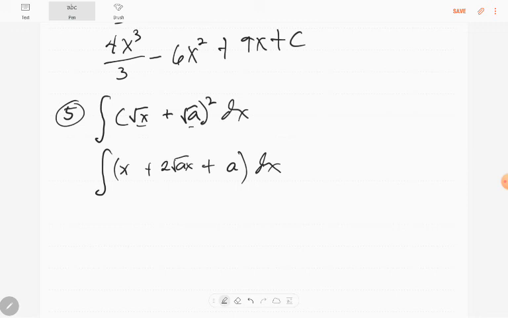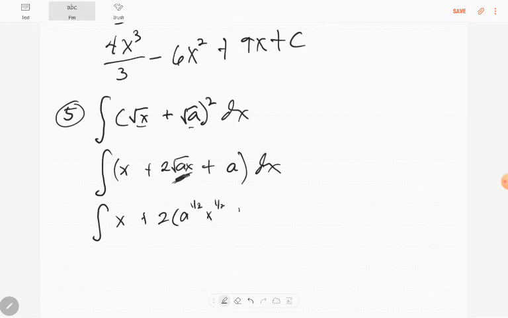And then we're ready to transform this portion into rational exponent. So this is integral of x plus 2 a raised to 1 half x raised to 1 half plus a dx.